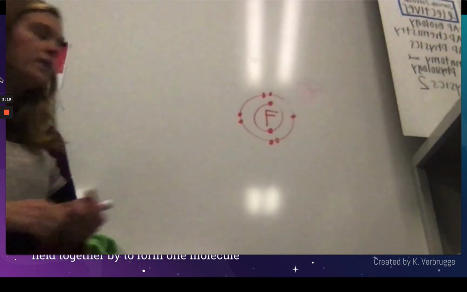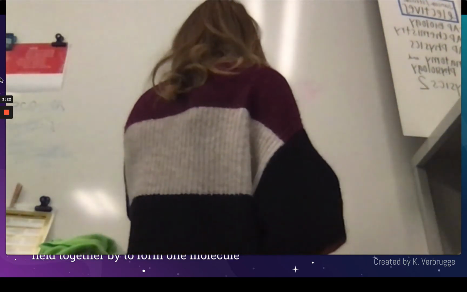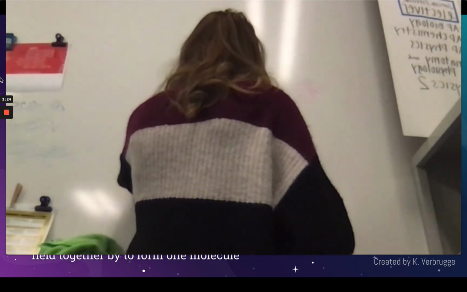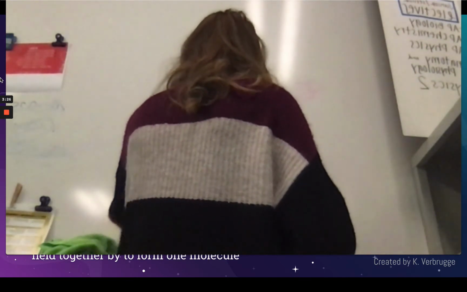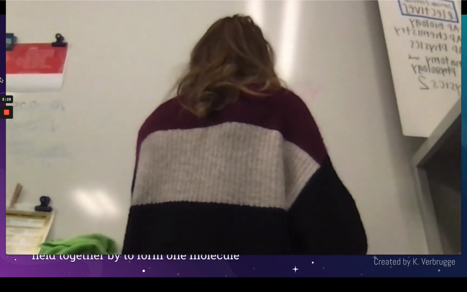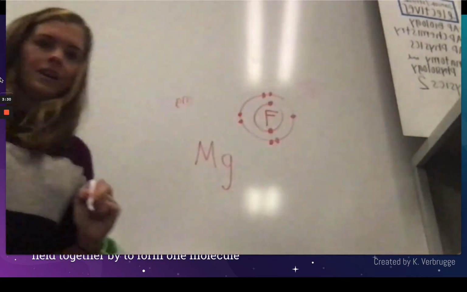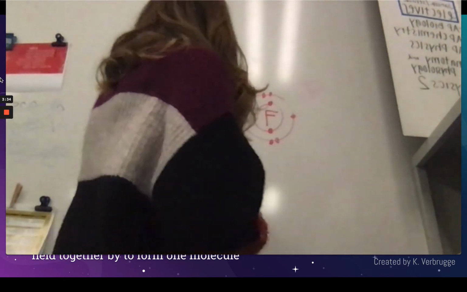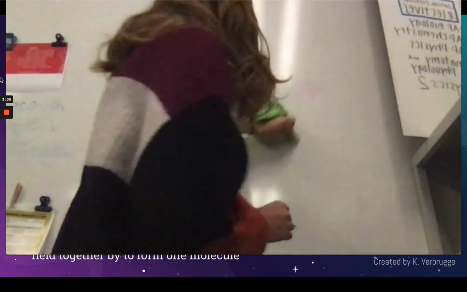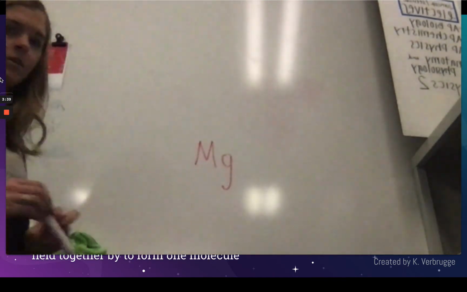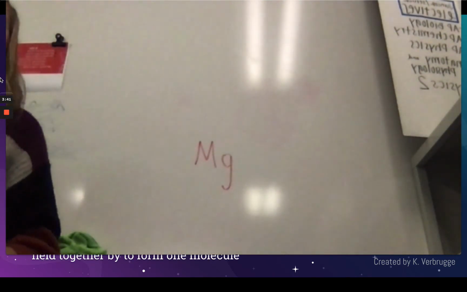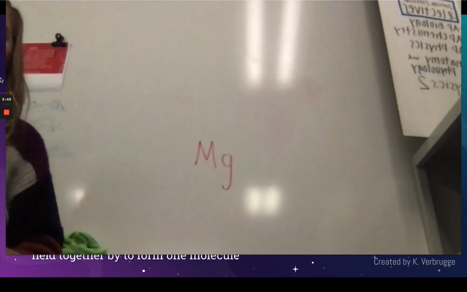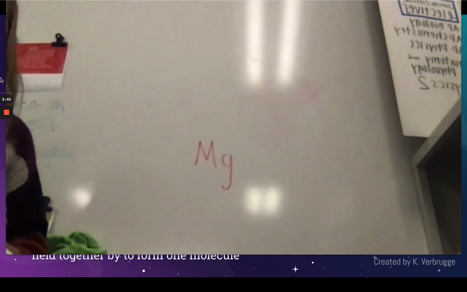Let's do another one and look at magnesium. This will be a harder one for me to draw backwards. Is that right? Oh, yes. Okay, magnesium. Take a look at magnesium on your periodic table, which you all should have. If not, go ahead and look one up online. Magnesium has 12 protons, I believe, off the top of my head, so it has 12 electrons as well.